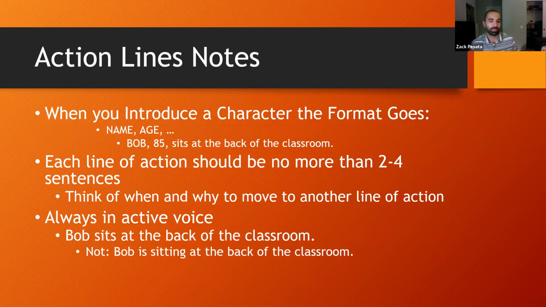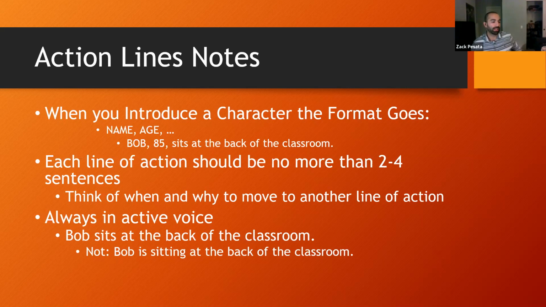Another suggestion for action, I would keep lines of action somewhat lean, with each line of action about 2 to 4 sentences before you hit enter, so they're on their own line. There's no general rule for this, but always think about when you're moving to a new line of action.